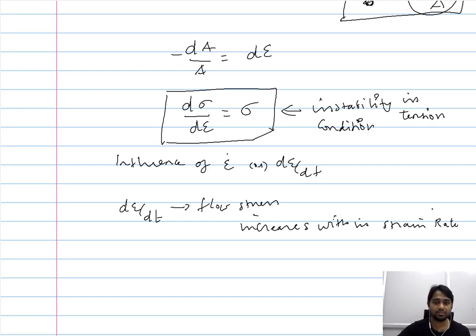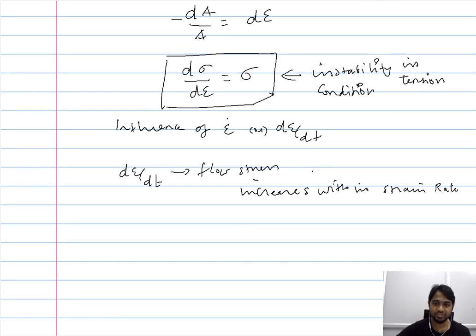The other factor that governs the stress strain curve is the temperature. In order to understand the influence of temperature, people do high temperature tensile testing. The way the temperature influences the tensile test is it increases the ductility of the material, and it reduces its strength.